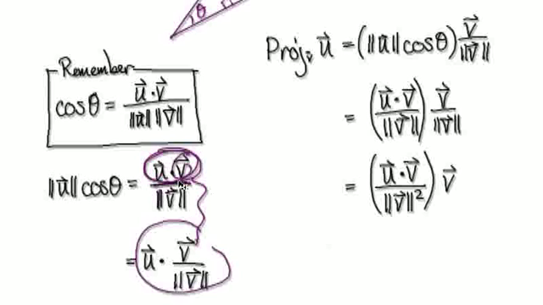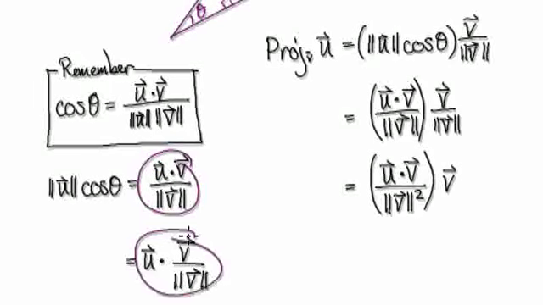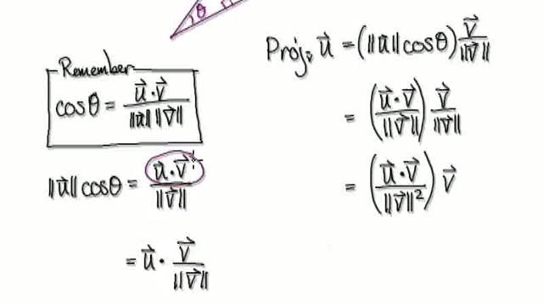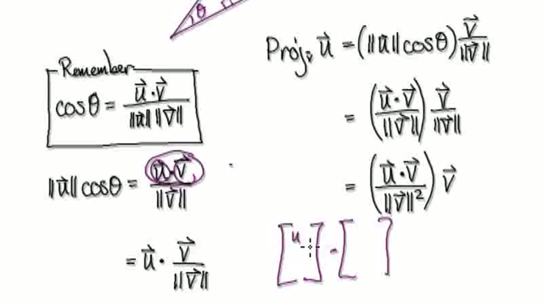You can actually jump from here to here. If you take the dot product, imagine the vectors u and v with components u1, v1, u2, v2, and so on.